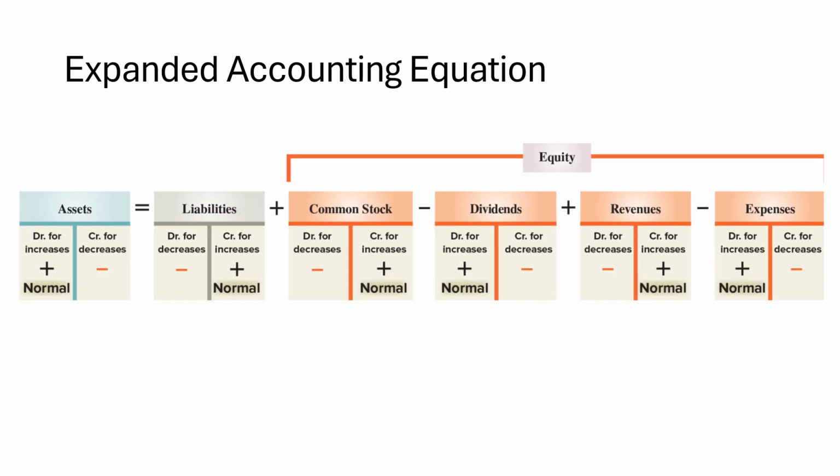One step further. The only thing that's changing here is that this has expanded the equity component. Equity has its own equation within the accounting equation. So we're still looking at assets equal liabilities plus owner's equity.